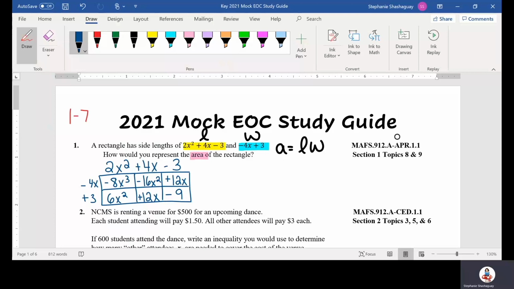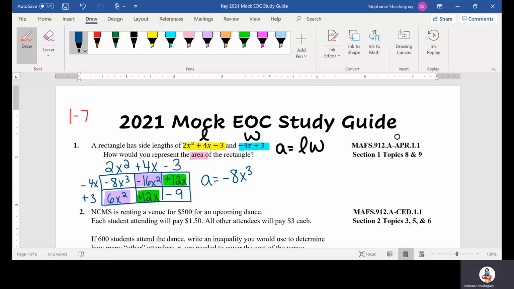Now, before I start pulling these numbers out of the box, I'm going to look for like terms. So I have a negative 16x squared and a positive 6x squared. And I also have a positive 12x and a positive 12x. So my area is equal to negative 8x cubed.